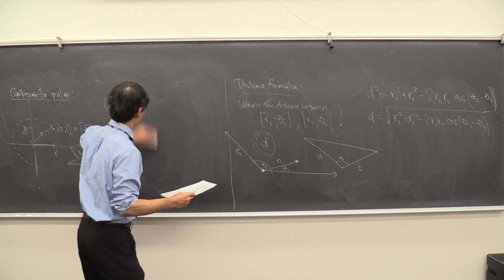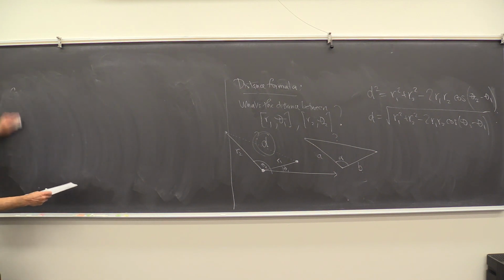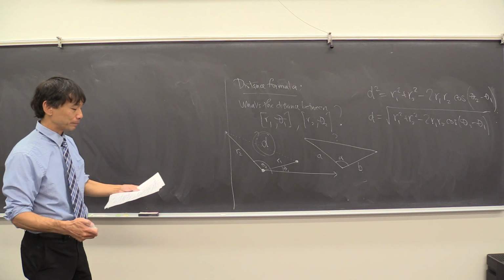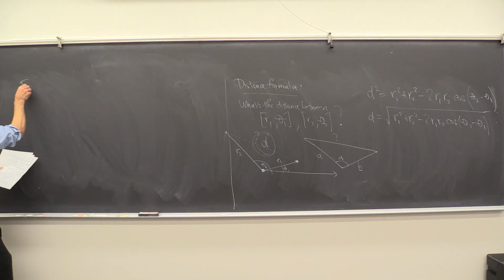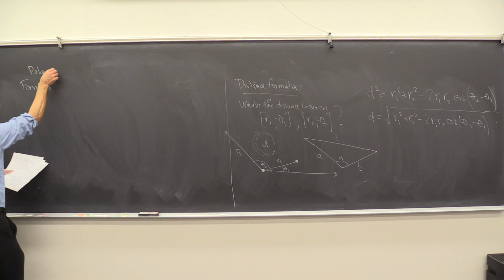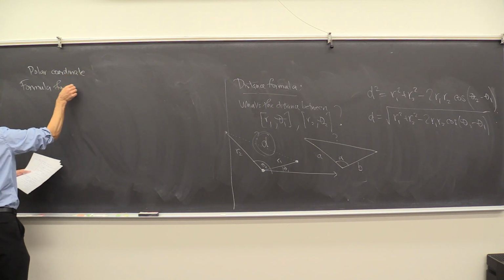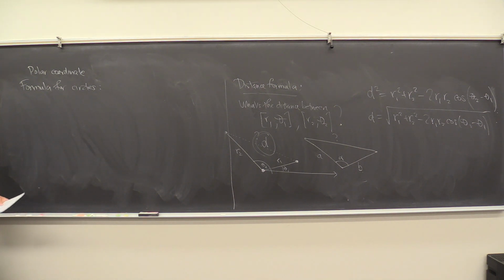That's nice. And so if we want to describe a circle, we can actually get a polar coordinates formula for circles. Now this is kind of awful looking, but I'll give it to you anyway.